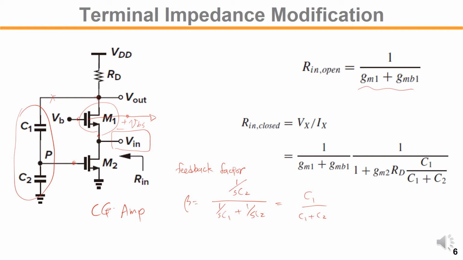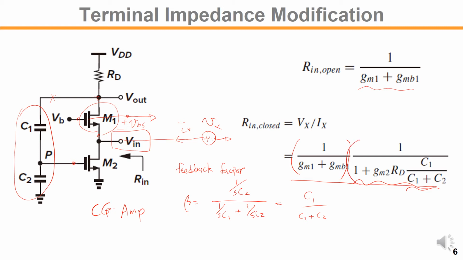If you calculate the overall impedance through that, we apply the test voltage Vx and measure the test current Ix, then you will get the relationship between Vx and Ix, right? If you calculate that, you get the additional term 1 over 1 plus GM2 RD times C1 over C1 plus C2.